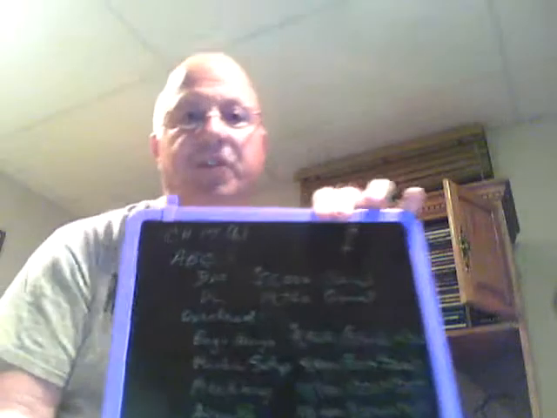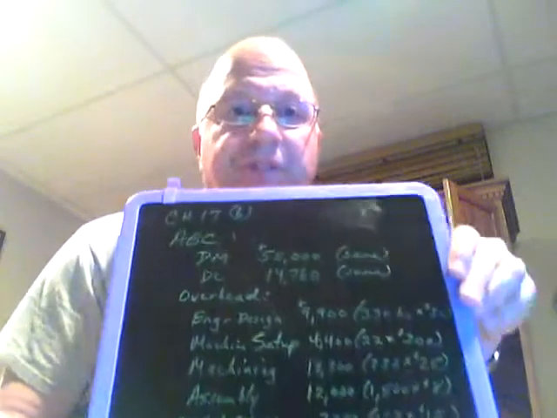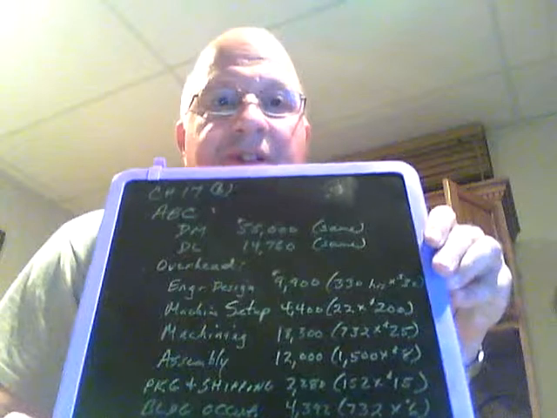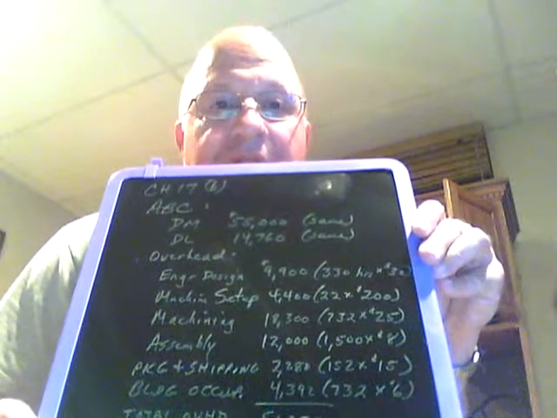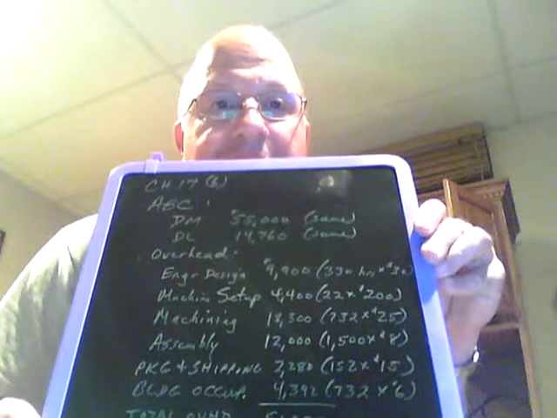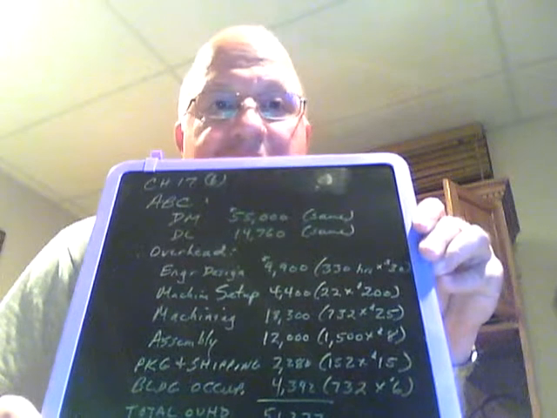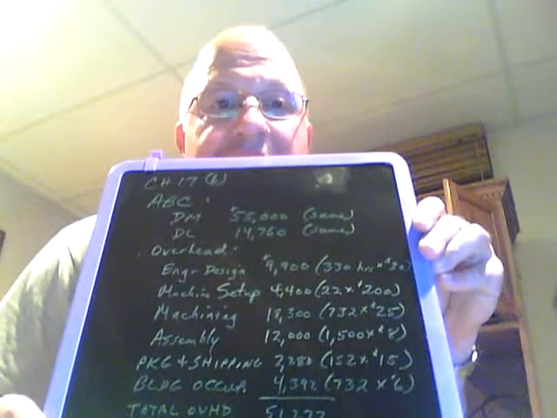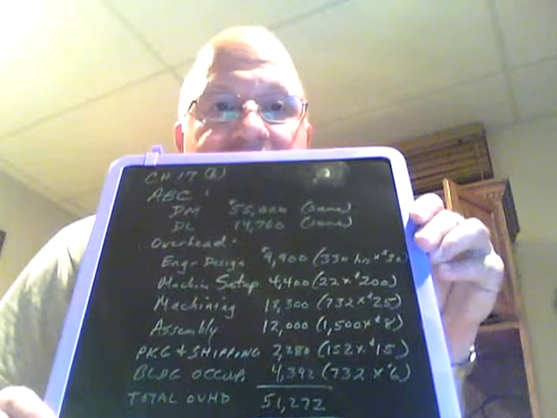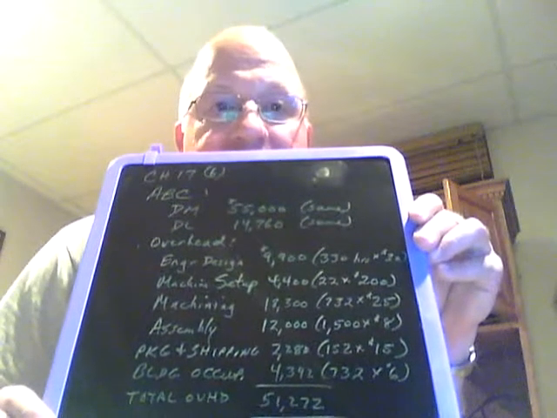Now, moving to the activity-based costing, and here in part B, for this you were given a whole bunch of cost drivers, overhead cost pools. There were 6 of them in total: engineering design, machine setup, machining, assembly, packaging and shipping, and building occupancy.